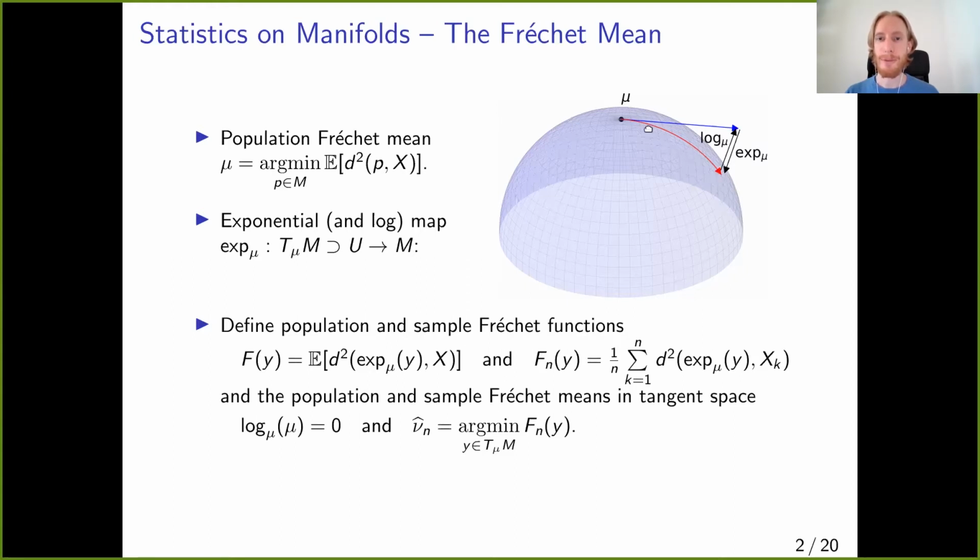And the length of this red arrow, so this geodesic segment, is the same as the length of this tangent vector. So this is very important. This exponential map and the inverse log map are length preserving, right? They map lengths of vectors to lengths of geodesic segments.